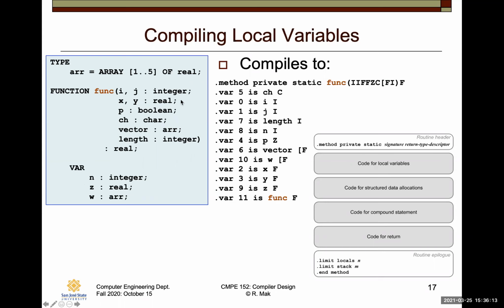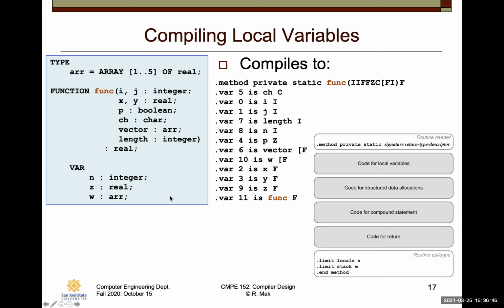So here you see that I has slot 0. Remember, the Java virtual machine automatically assigns the first parameter to slot 0. And so therefore, J has slot 1, and X and Y will have slots 2 and 3. So here's 2 and 3, and so forth. And you notice that vector's data type is a one-dimensional array of float.